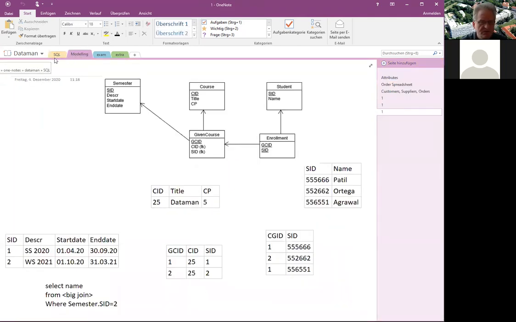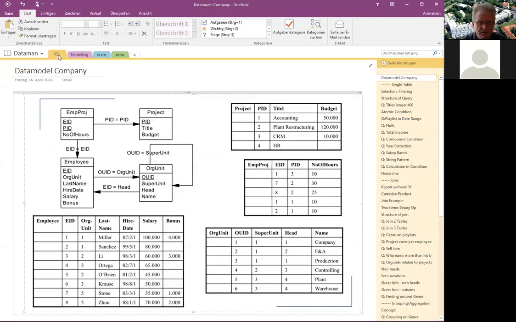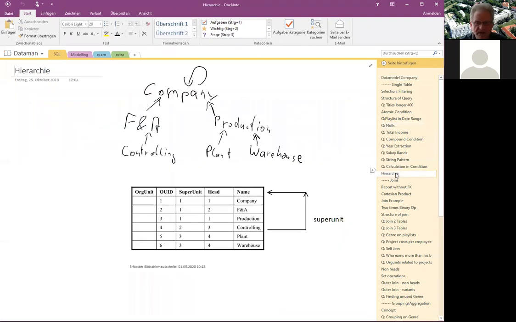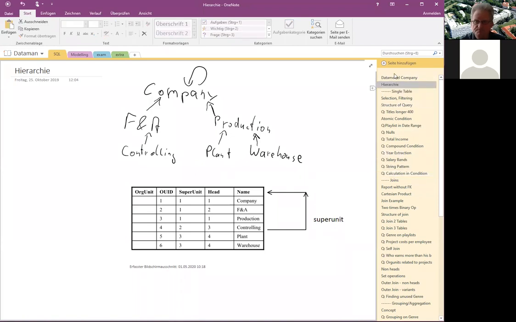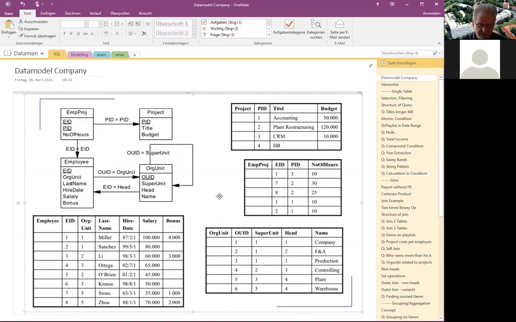No, that's not here. Okay, so where has it gone? Nowhere. Hierarchy, is it here? Ah, here it is. Sorry. So, and maybe I should put it over here. So back again.